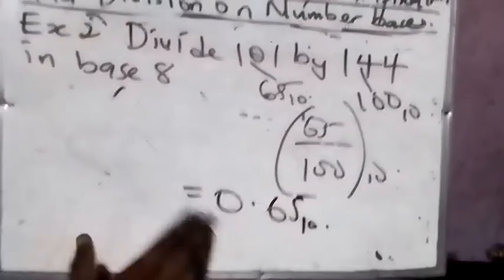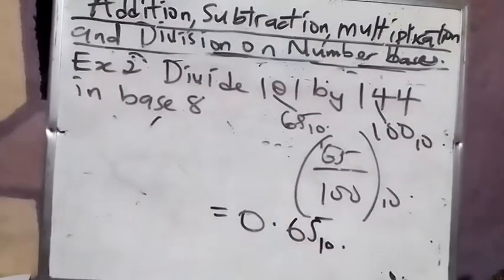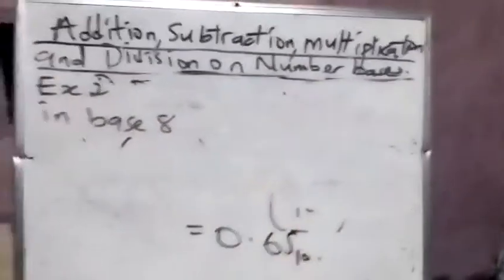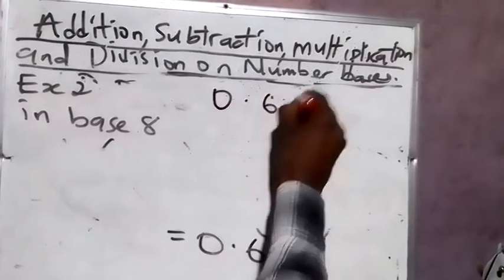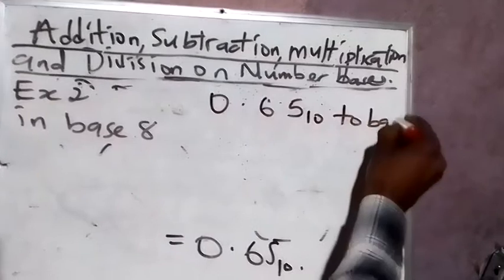But let's just pay attention to this one for now. 0.65 base 10 to base 8. How do we do that?